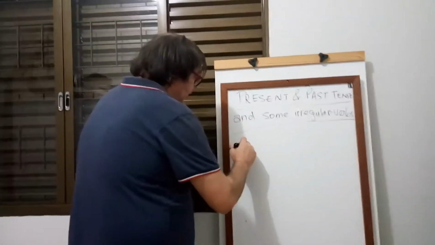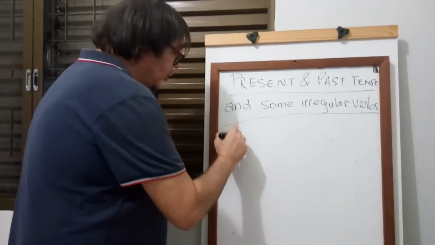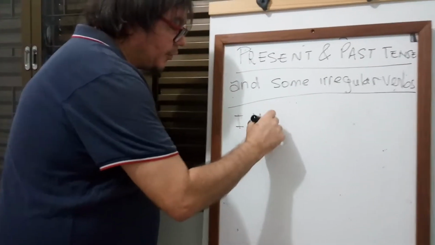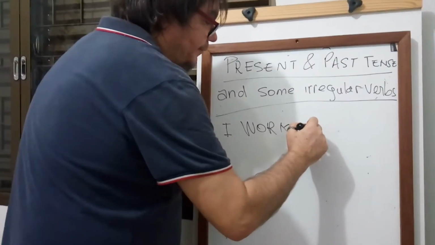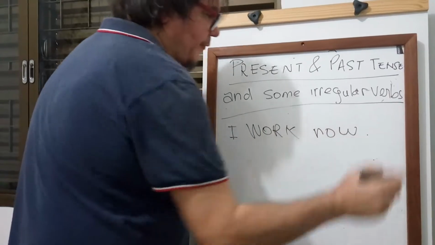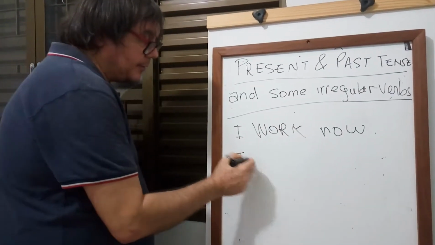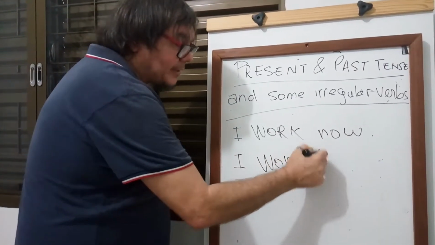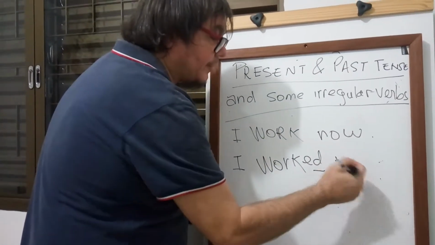Well, for example, let's start with regular verbs. Work. In this case, I work. I work now. A simple sentence. In the past, you say I worked yesterday.